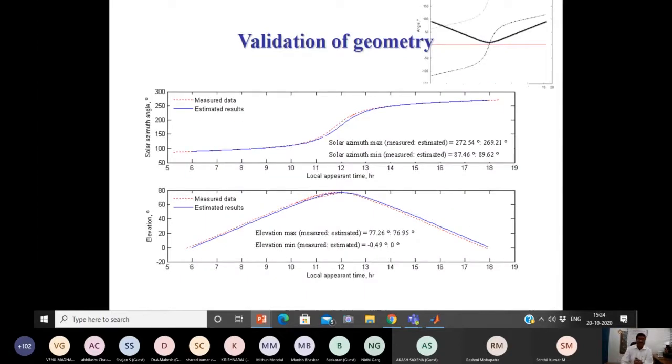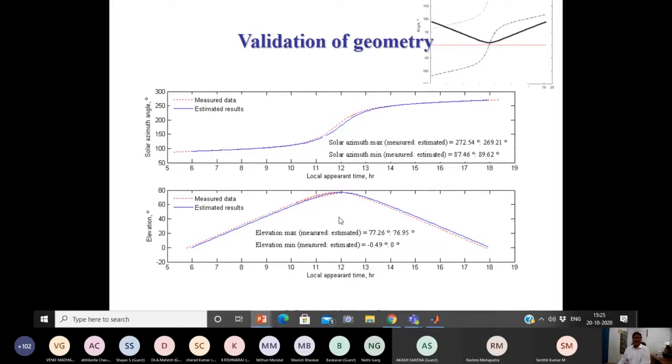So how to validate whether the solar geometry angles we estimated are correct or not? There are certain methods. The actual position of the sunbeam we can measure in the laboratory or using the shadow mechanism, and the mathematical equations give the estimated values.